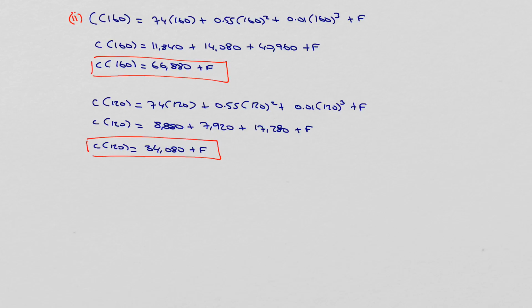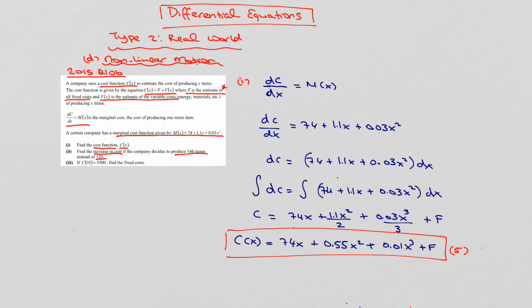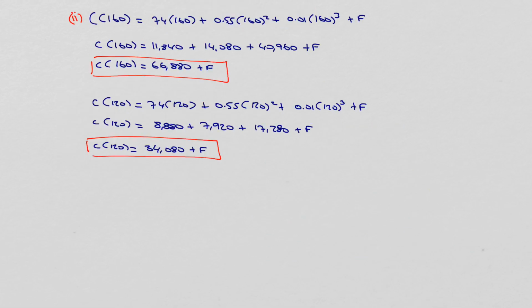So now, what else does it tell me? Well, if we go back to the question, it says find the increase in cost. So to find the increase in costs, what we have to do is get the difference. So the increase in cost is going to be C of 160 minus C of 120.